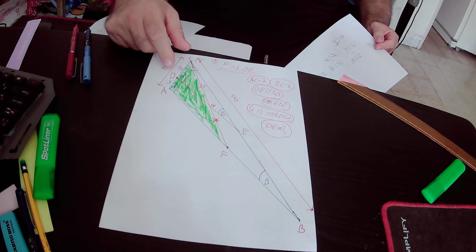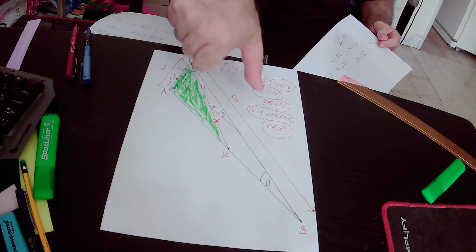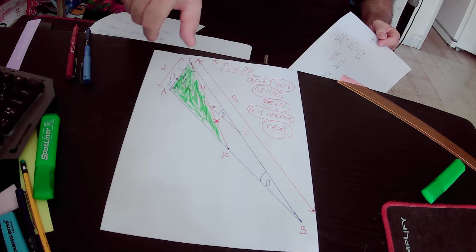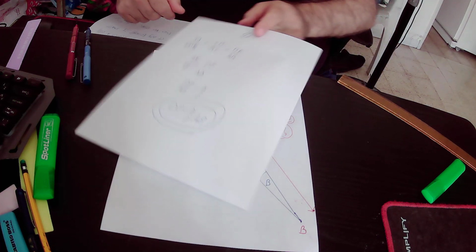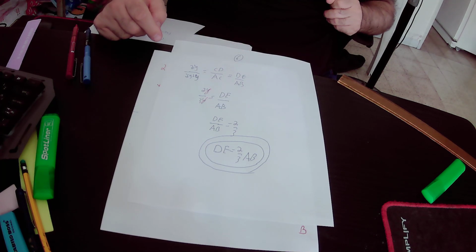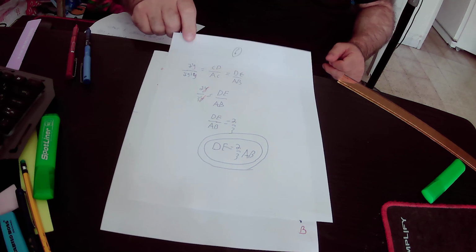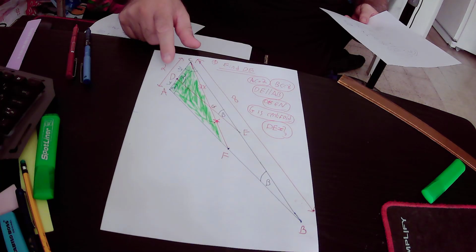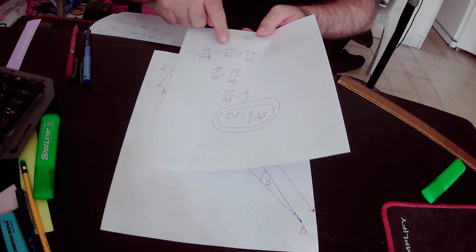Again, CD, the side of triangle CDE, over AC, the side of triangle ABC, is equal to DE, the side of triangle CDE, over AB, the side of triangle ABC. Okay? And what is the size of CD? The size of CD is 2y. So CD equals 2y.